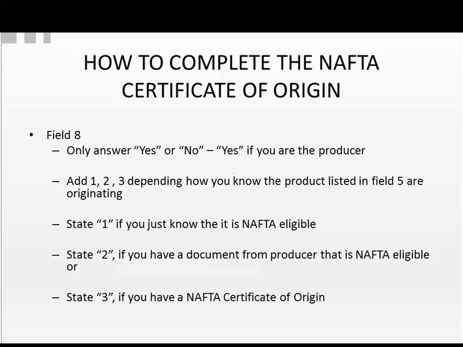Well, you know either because you are the final producer, you're in the best position to know whether or not it's originating. So you have to put a yes and then add 1, 2, or 3, depending on how you know the product listed in field 5, that's your description field, are originating.